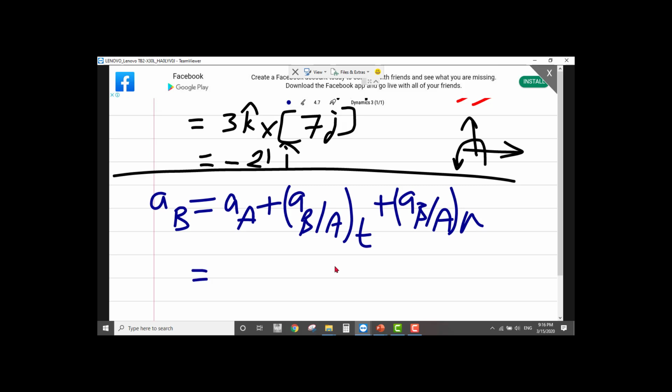This is equal to the acceleration of point A, which is fixed, equal to 0, plus the relative acceleration in tangential, which is alpha cross product RB with respect to A, minus omega squared RB with respect to A.